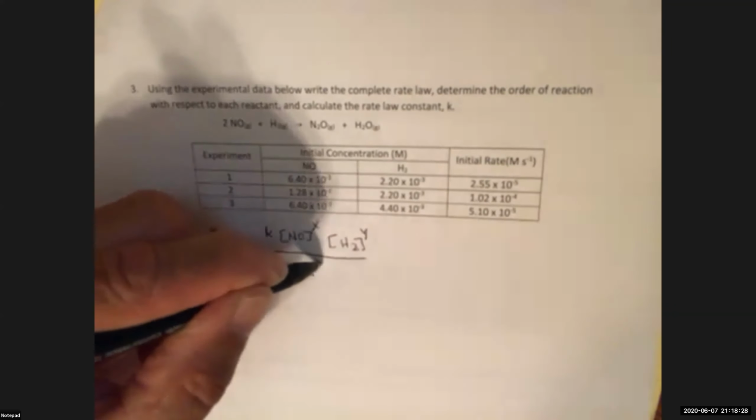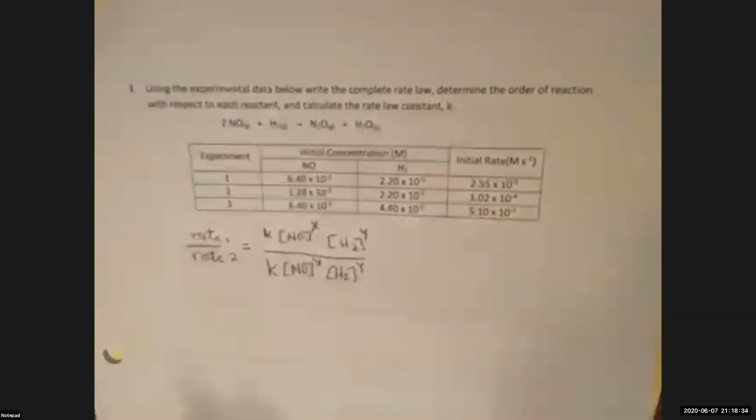Rate 1 is the rate constant K times the concentration of NO to the X, times H2 to the Y. And rate 2 is the same thing, K times NO to the X, times H2 to the Y. Now we're going to plug in some values.